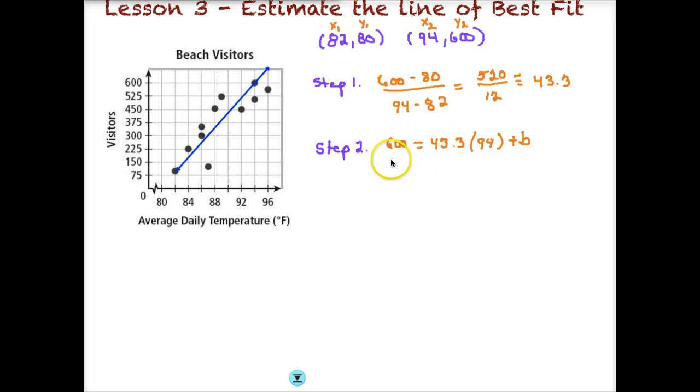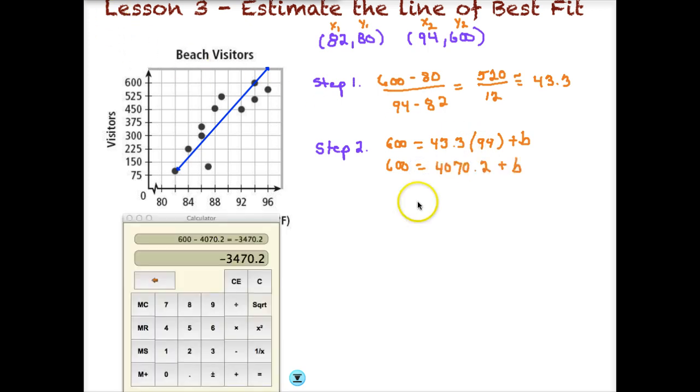Now we just need to simplify this by multiplying the 43.3 times the 94. And when we multiply those, we get 4,070.2, and then if we subtract 4,070.2 from each side, and I've done that here with the calculator, we get a negative y-intercept of 3470.2.